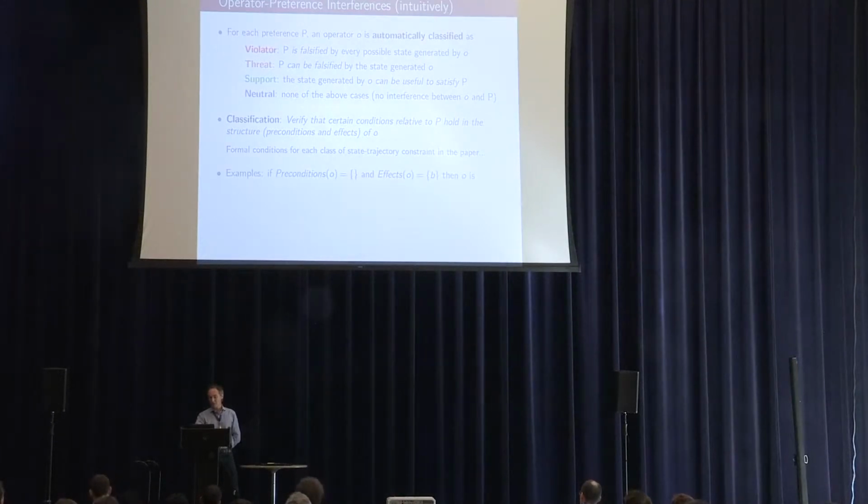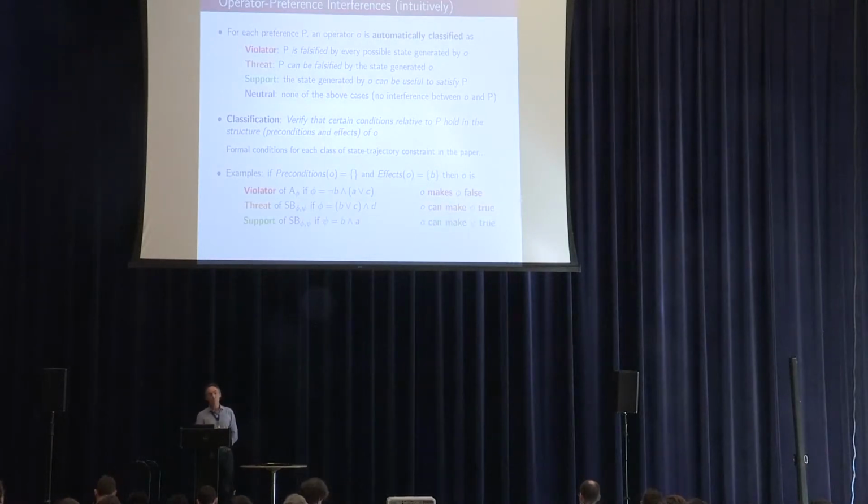So here let's see just a few examples to illustrate these concepts. Consider an operator O that has no precondition and just one effect, that is B. This operator is a violator for the preference always phi, where phi is not B and A or C, because it makes phi false. It is a threat of the preference sometime before phi psi, because this operator can make phi true, depending on the state where it is applied.